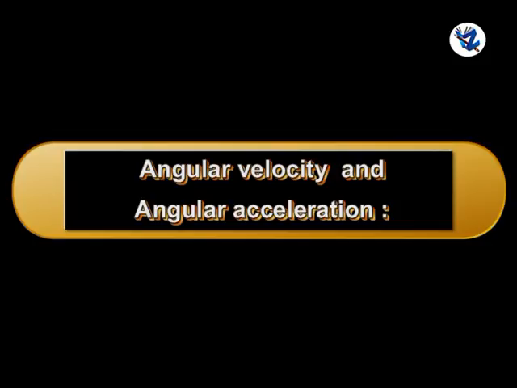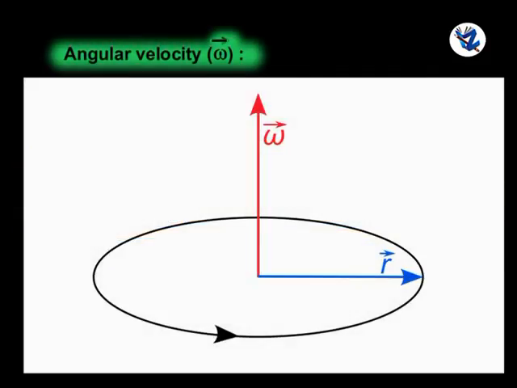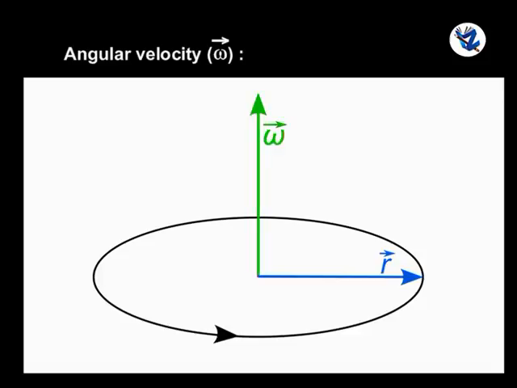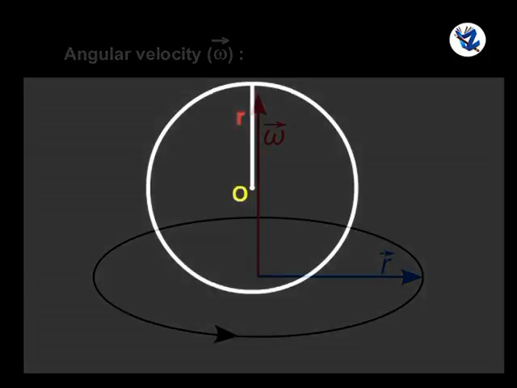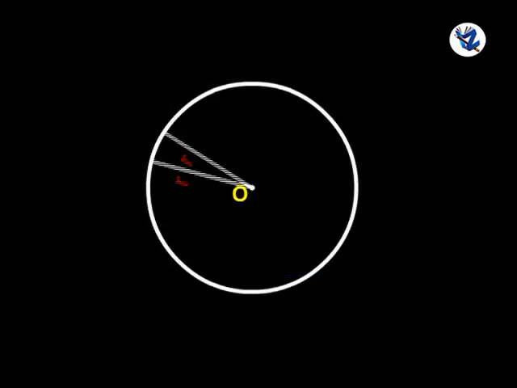Next is angular velocity and angular acceleration. Angular velocity. The rate of change of angular displacement with time is called the angular velocity omega of the particle. Consider a particle performing circular motion along a circle of radius r in anti-clockwise sense.